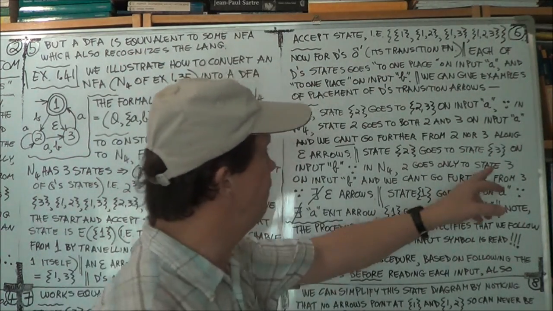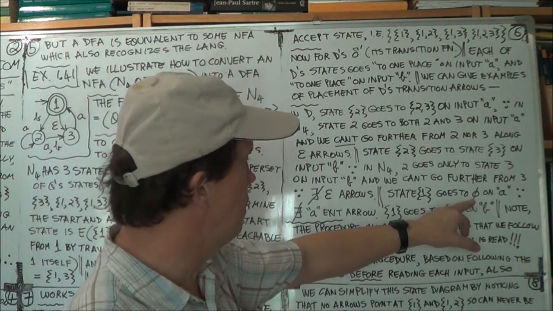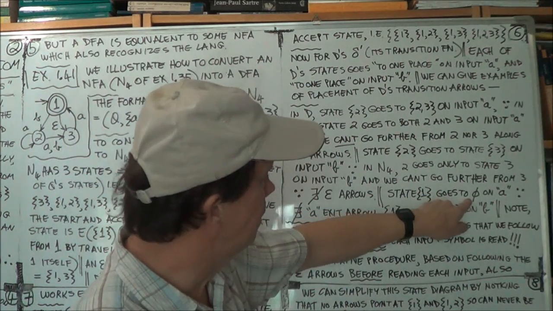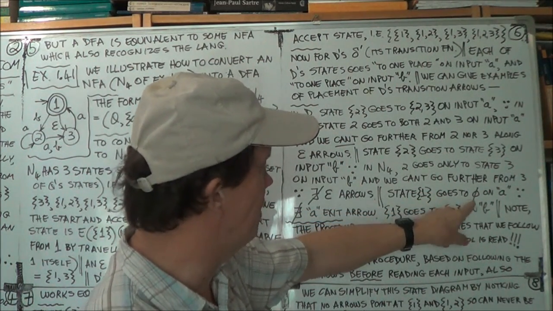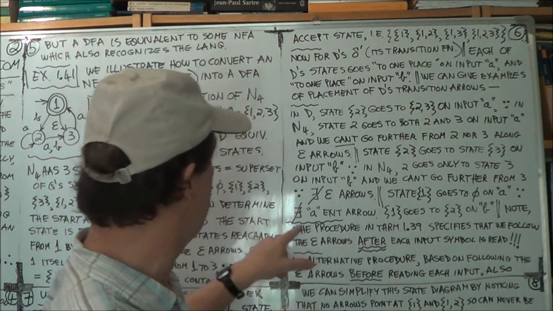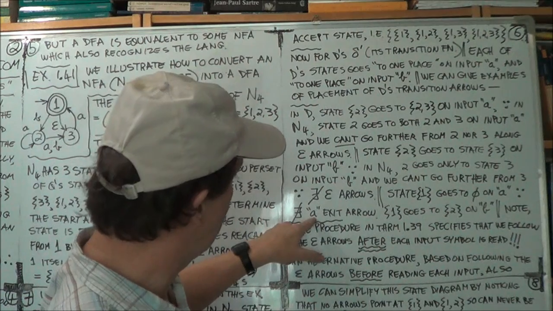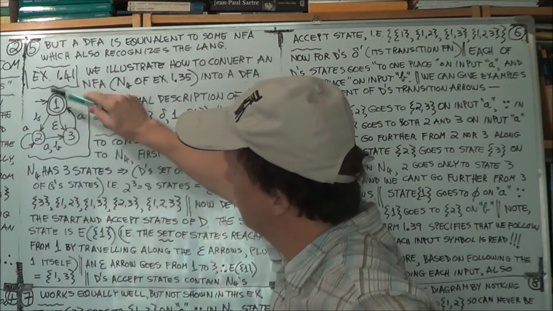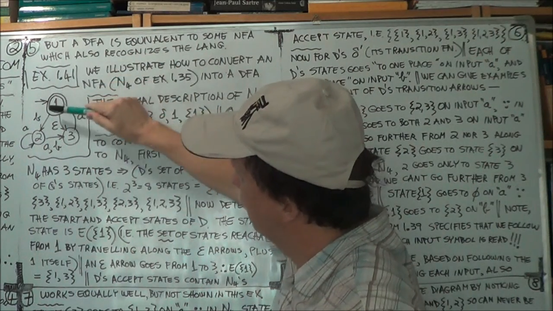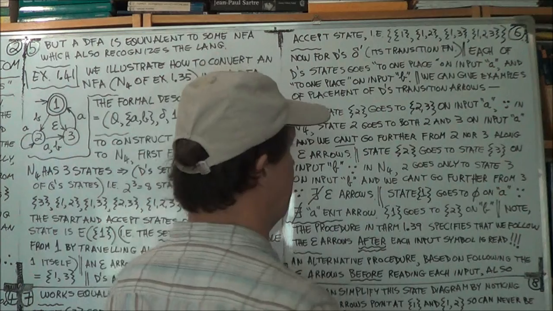Let me just check. It goes to the null string, and it dies effectively on the A. Why? Because there is no A exit arrow. There's no arrow coming out of this labelled A, so it dies. That's the convention. Okay, so it just dies.